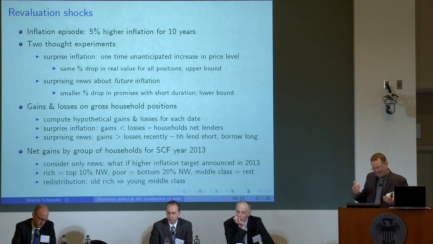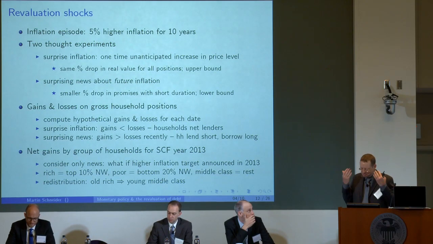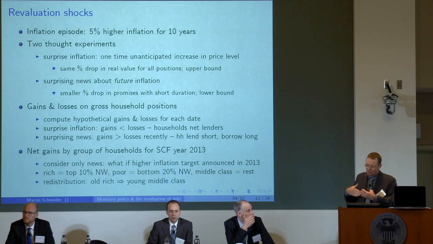Basically, all of this 5% more inflation for 10 years comes at the same time. That's not something that we might likely see, but it's useful as an upper bound, because if you had several repeated surprises, this is the most that could happen.